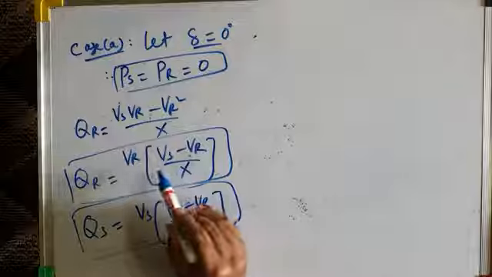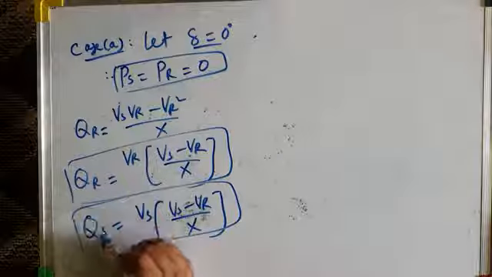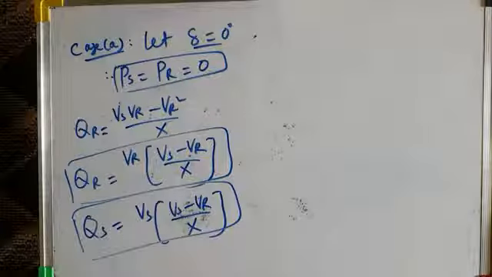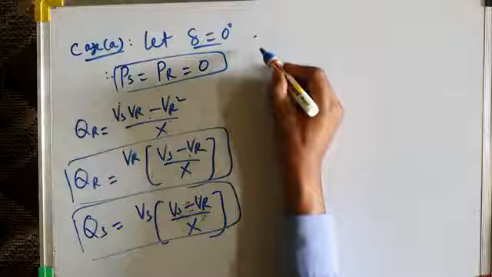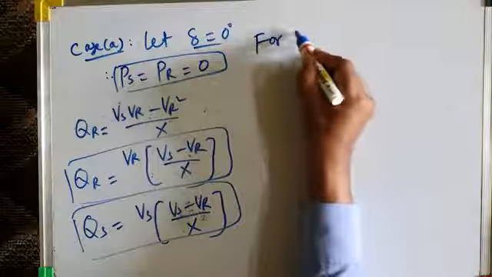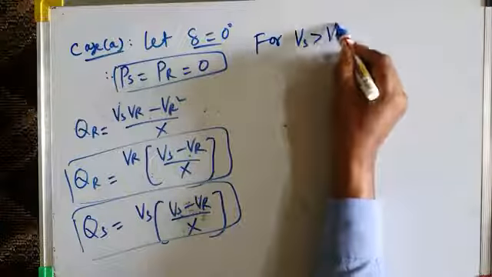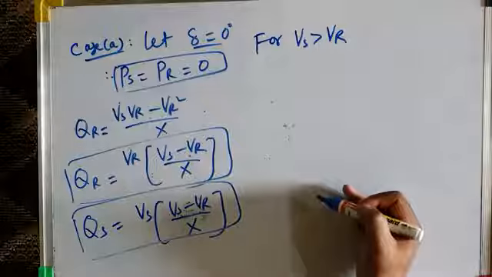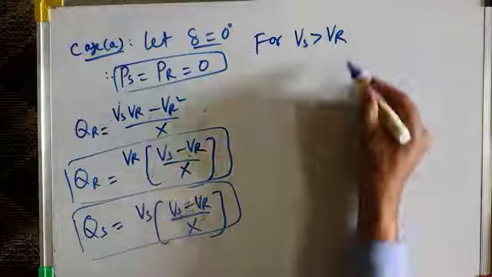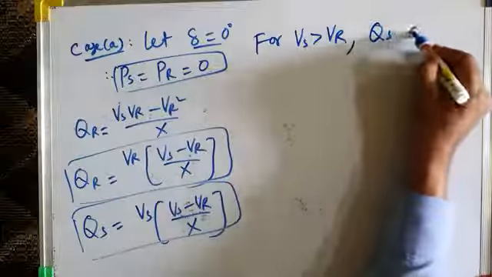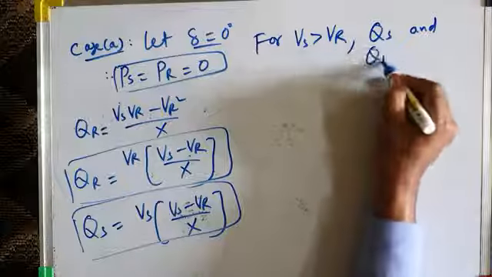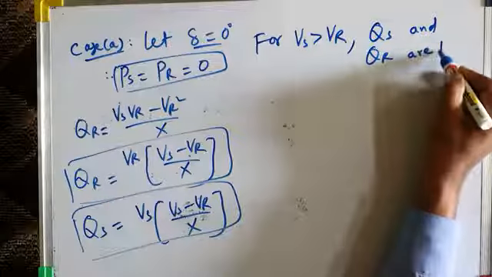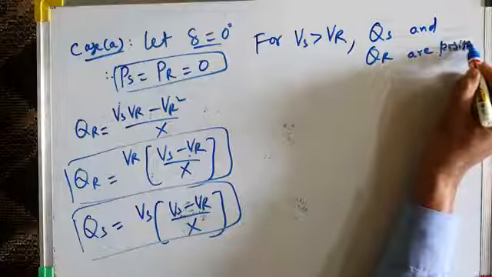This term will also be positive. That means both Qs and Qr will be positive. So, for sending end voltage greater than receiving end voltage, Vs greater than Vr, Qs and Qr are positive.